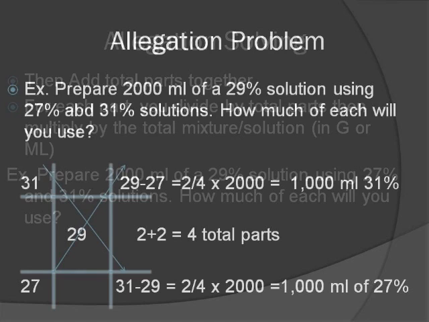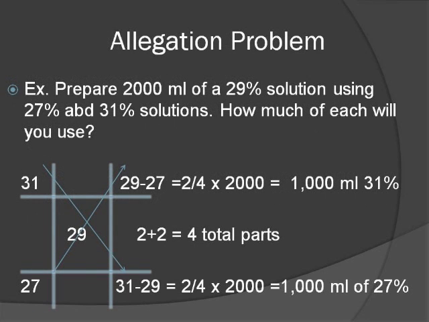So now let's take a look at an actual practice problem. In this example, we're to prepare 2,000 milliliters of a 29% solution using a 27% solution and a 31% solution. So how much of each will we use?